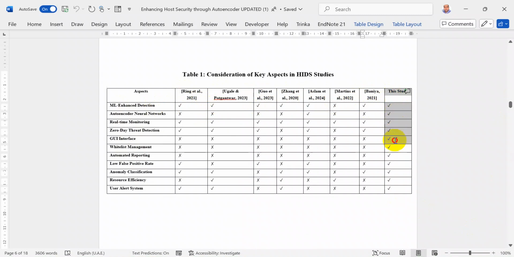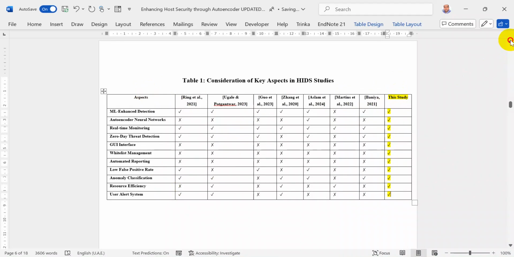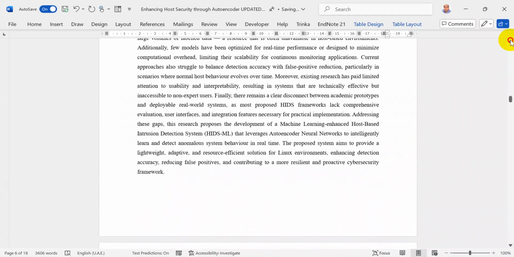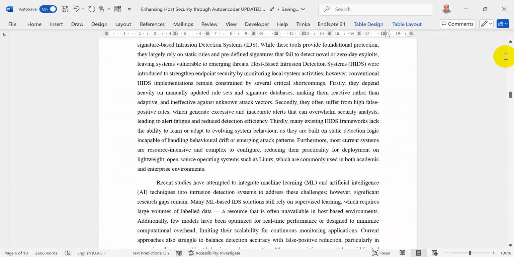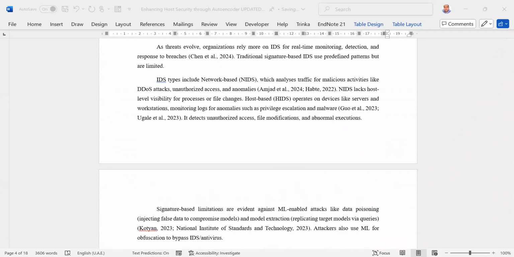But the current paper considers all these features. So it means you're showing your contribution and comparing your work with the previous work. So you can design a different table based on your objective, based on your design, then compare your work with the other people. Then easily you can introduce your work to the reviewer.